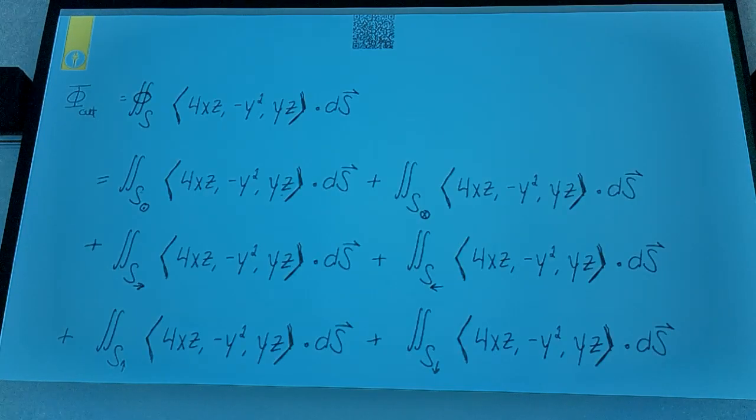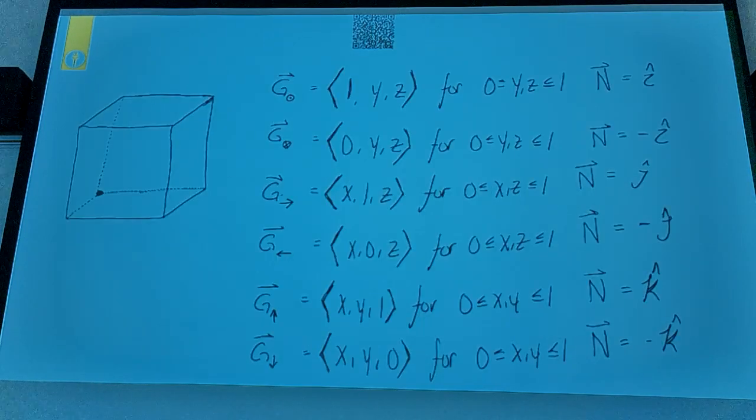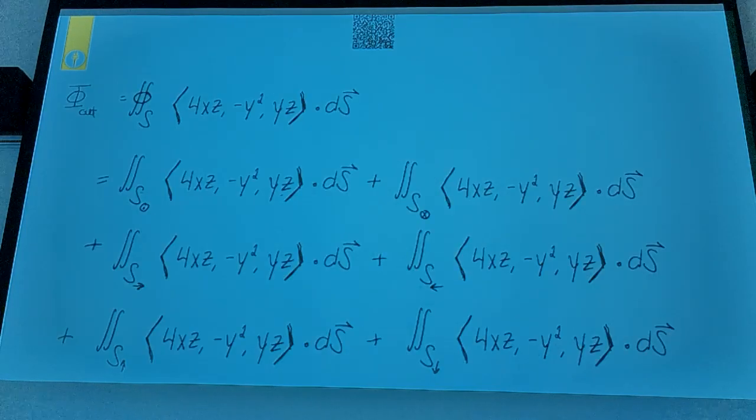So the double integral for the front domain. We have to evaluate our vector field at the parameterization, but the parameterization is easy. x is 1, y and z stay the same. So it'll be 4z, negative y squared, and then yz, dotted with n dA.